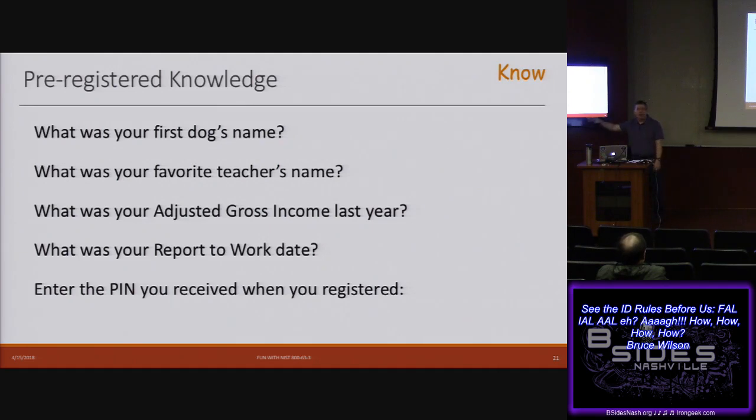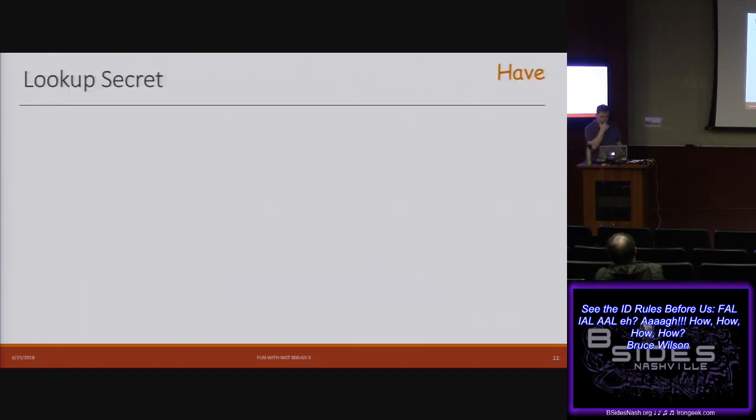So yeah, I've done all of the credit freeze stuff. And so this is, again, a pre-registered knowledge kind of authentication. So when I go back to one of the credit bureaus, they will ask me for the PIN that they gave me when I froze my credit. Again, that's an example of a pre-registered knowledge form of a verifier.